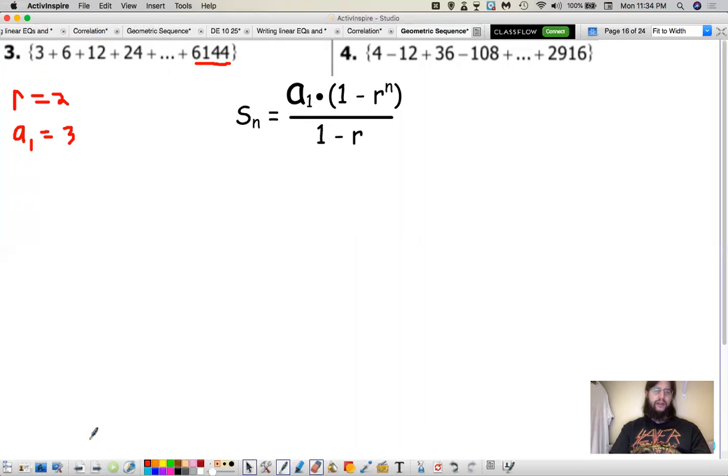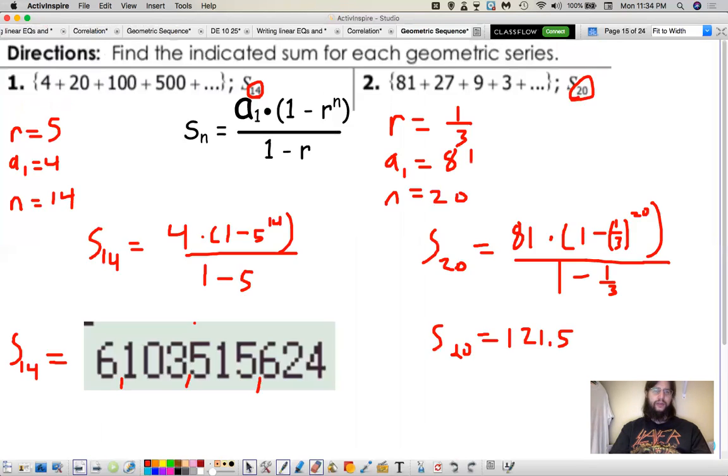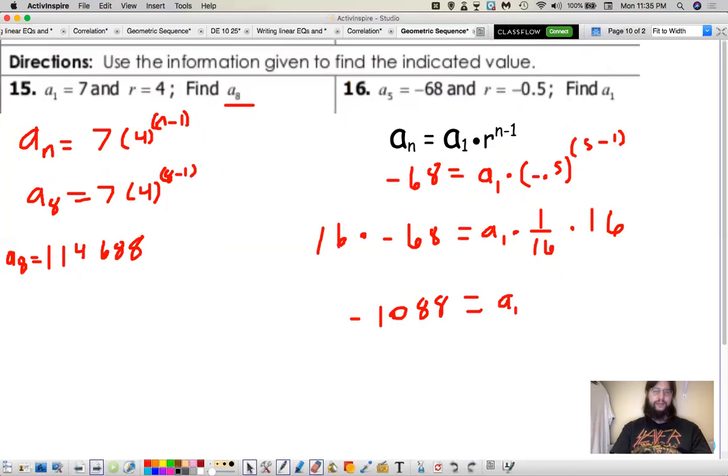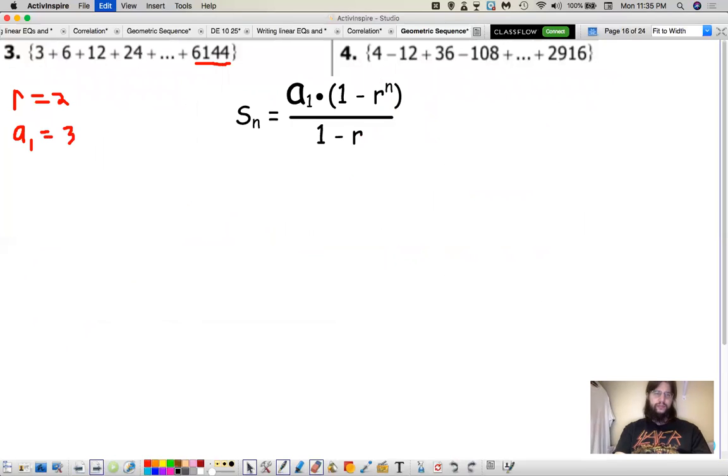So let's go back to this formula over here. Let's see if we can manipulate this formula. So we know an, we know a1, we know r, we gotta figure out what n is. So plug it in and see what happens.